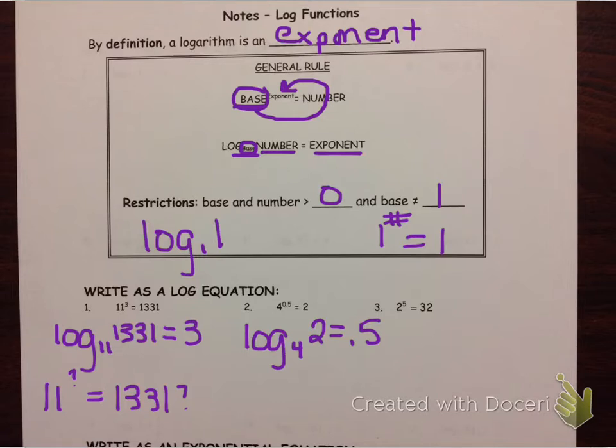Remember that once again, one of the things you're going to be practicing and eventually quizzing over is being able to answer the question, 4 to what power is 2? Because that is what this log is asking you. And that's why the answer is 0.5, because a power of 0.5 is a power of 1/2, which means square root. Okay? So take a split second and write number 3 in log form, please.